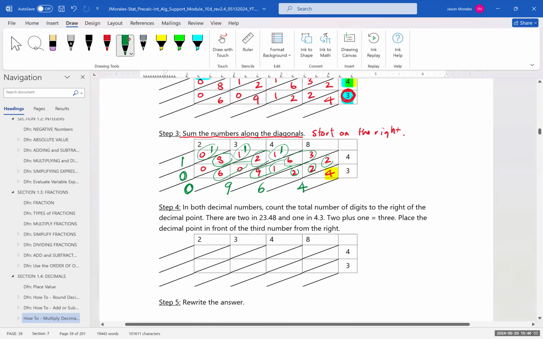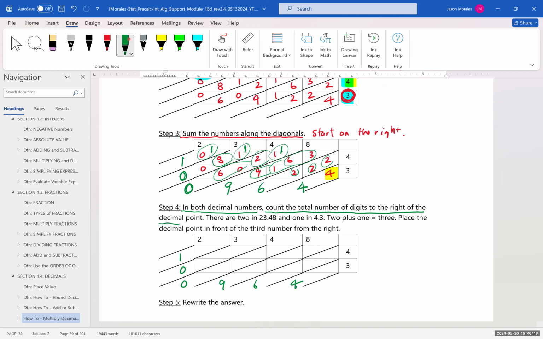I'm not going to repeat the numbers on the inside. I'll just repeat the numbers in the diagonals that we just calculated. Now it says in both decimal numbers, count the total number of digits to the right of the decimal point, the total number of digits in the fractional places. In 23.48, we've got 2 digits.